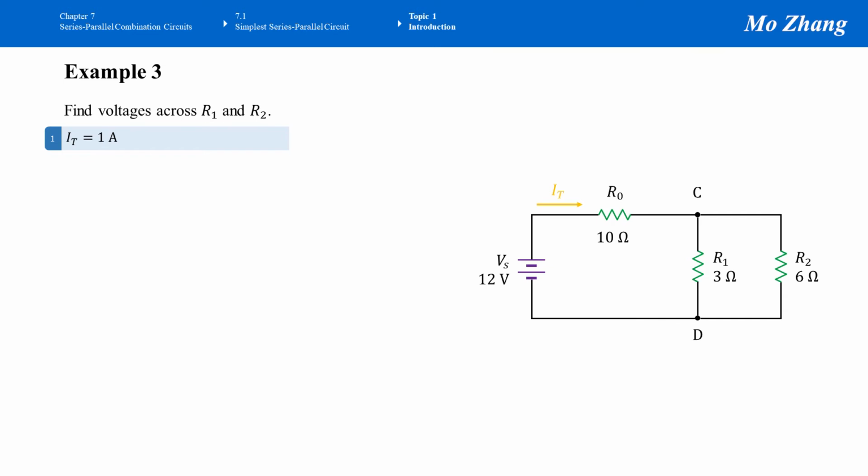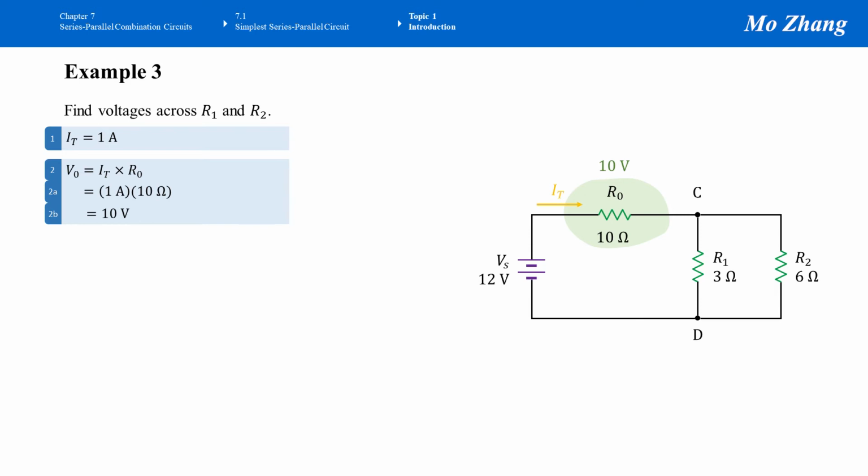From the Ohm's law voltage formula, the primary formula, we know V equals I times R. So V0, the voltage drop on R0, equals the main branch current multiplied by R0. Substitute the values into those variables. IT is 1 amp, R0 equals 10 ohm, the product equals 10, the unit is volt, which is 10 volt. The voltage drop on R0, called V0, equals 10 volt.